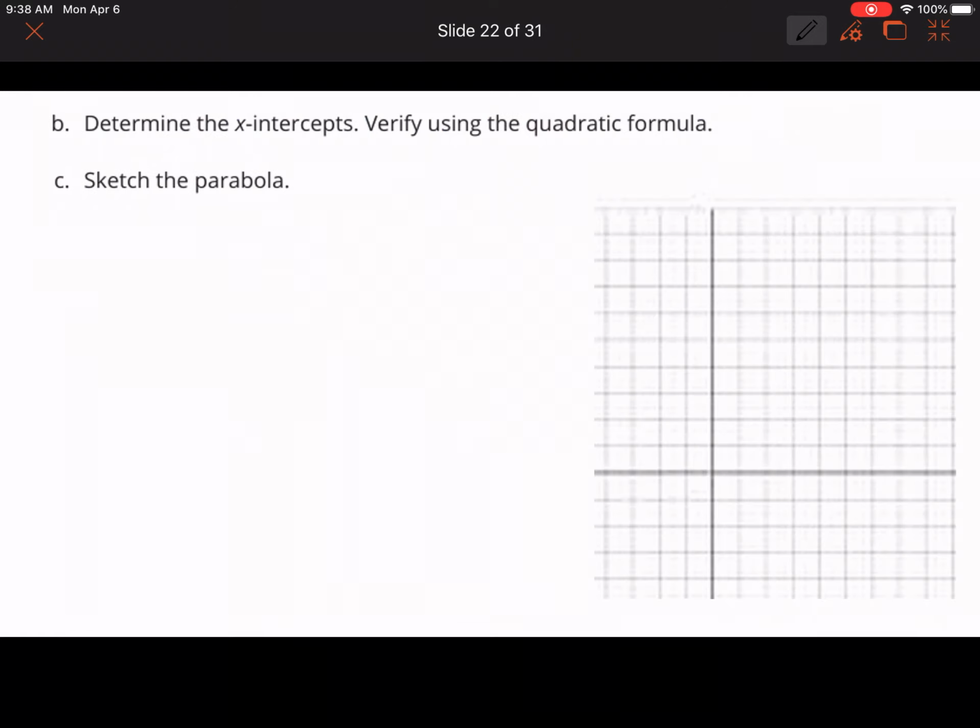So that is our B. Determine the x-intercepts. So we know it's going to have no real roots, so we know it's not going to have an x-intercept here. So we can already start drawing it. Let's do 2 lines per 1, 2, 3, 4. 1, 2, 3, 4.